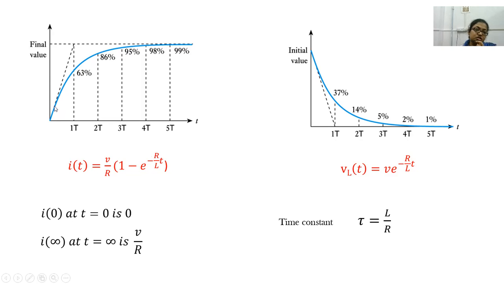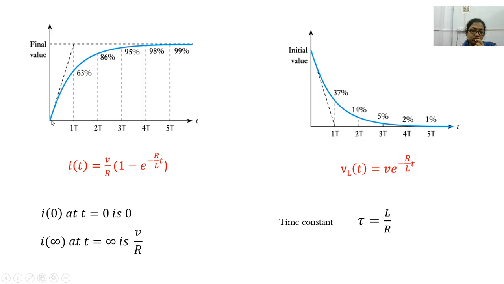This waveform is for current. Now if I consider that the circuit is continuing for a long time, we reach infinite time. So we can represent t equals infinity, meaning its final state. If I put t equals infinity, then we find i of infinity is V by R, which is the maximum current here.